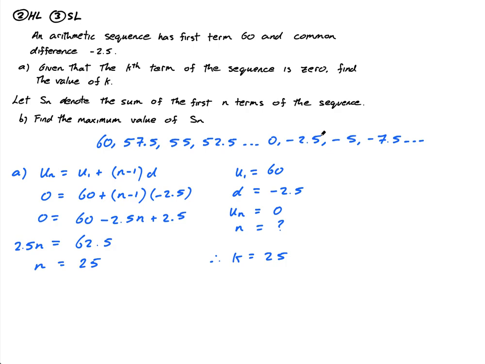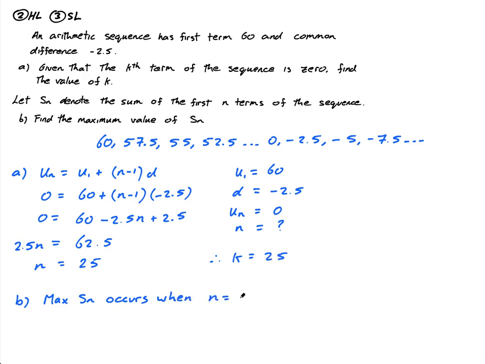Now once we start adding these negatives, what happens to the value of S of n, the sum of all these terms? That actually gets smaller, because now you're taking numbers away. So to find the maximum value of S of n, max S n occurs when n is what?